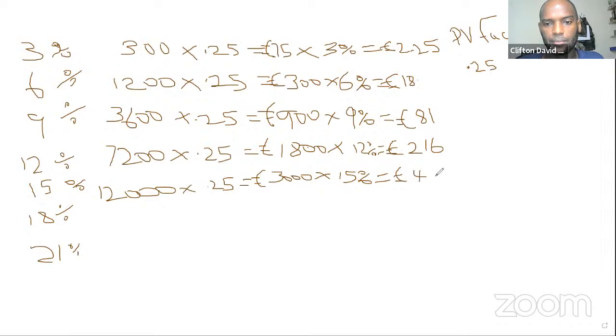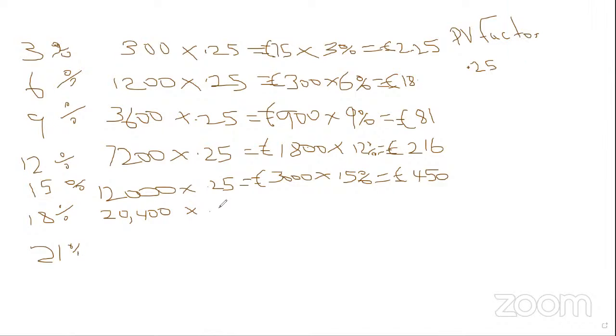All right, so 12,000 times 0.25 is 3,000. Right, so 3,000, and then you want 15% of that. It's 450. Okay, so I was correct. My maths was working in my brain.